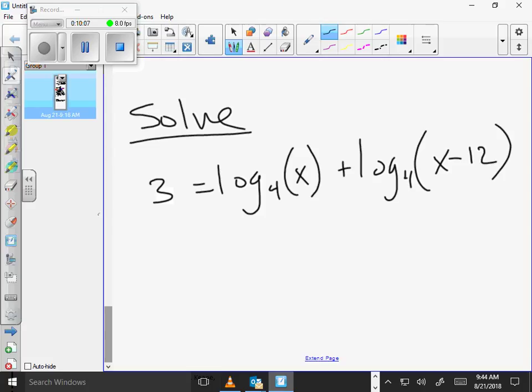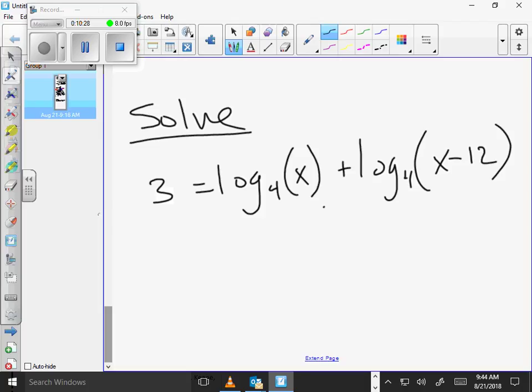Do you remember which one it was on Ben's list? So you're saying this is an example of the first property he wrote on the board, the product property.